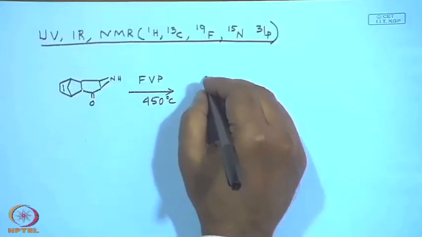You vaporize the solid and allow it to pass through a preheated oven under vacuum. The contact time with the heat is less, just a few seconds maybe. So, if the product is unstable after formation, it is immediately drawn to the cold trap. We have a homemade flash vacuum pyrolysis apparatus in our lab, and then we got a compound here.